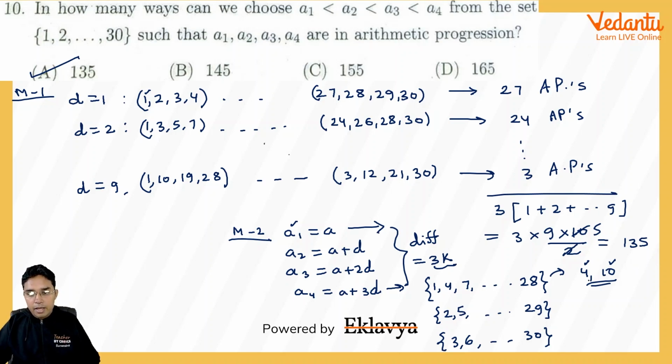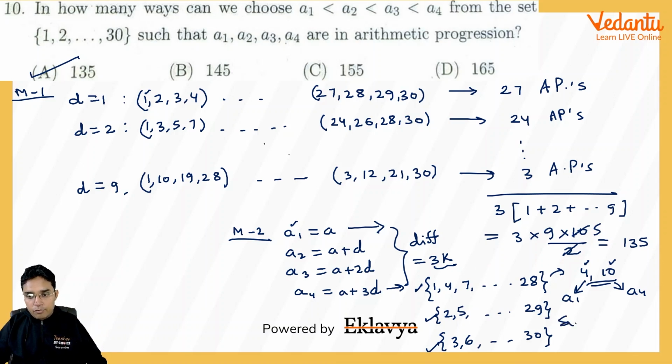You can check, if this is A1 and this is A4, we can definitely take A2 and A3 also from this one. So this question now reduces to just selecting two numbers either from this or this or this, and they will be called A1 and A4 respectively if they are in increasing order, and A2 and A3 can definitely be chosen.